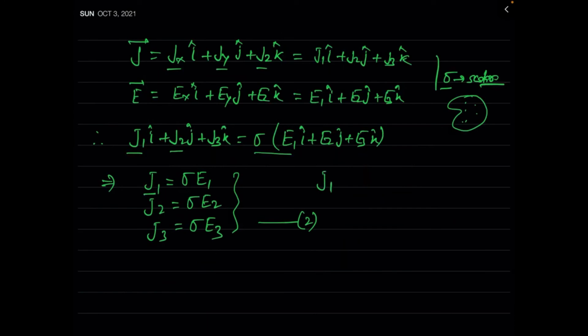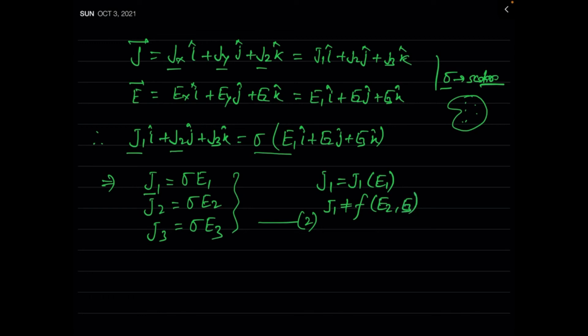You can see J1 is just a function of E1. It means the x component of the current density vector J1 is not a function of E2 and E3.